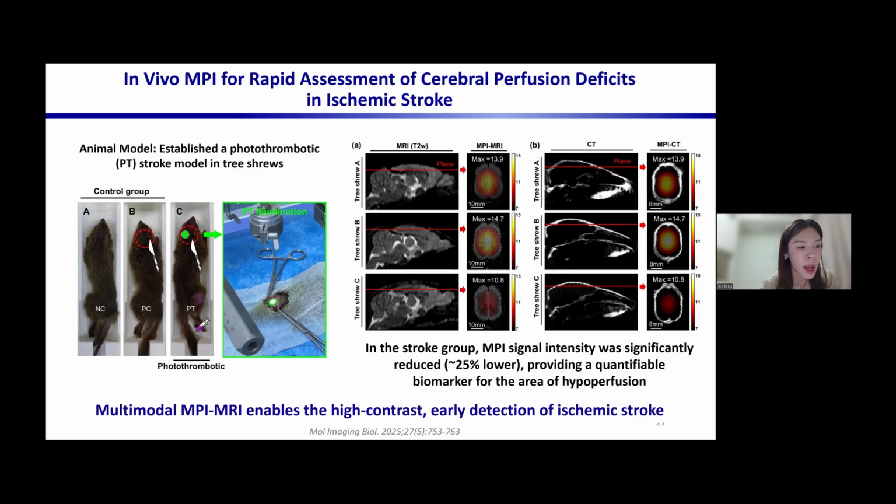And through MPI perfusion imaging, we were able to rapidly observe the reduction in brain perfusion immediately after the stroke. And this allows for a more precise and quantitative evaluation of ischemia and perfusion changes.